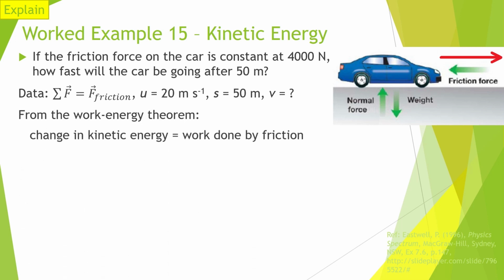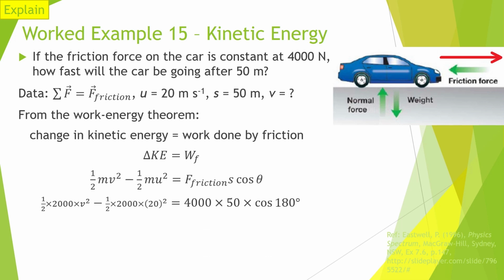From the work energy theorem, the change in kinetic energy is equal to the work done, in this case by friction. So delta KE equals Wf. So a half mv squared minus a half mu squared equals force due to friction times displacement times cos theta. And again, theta in this case is 180 degrees.